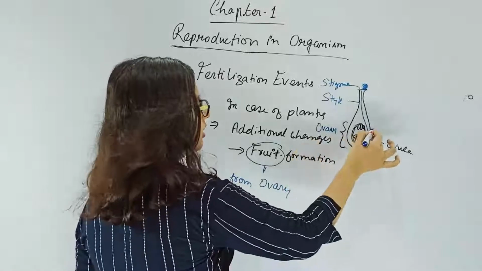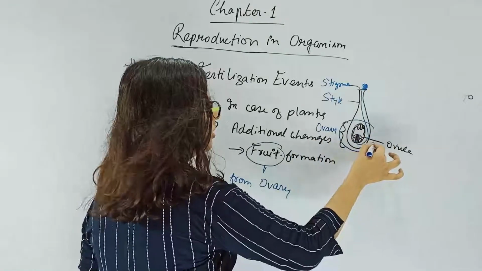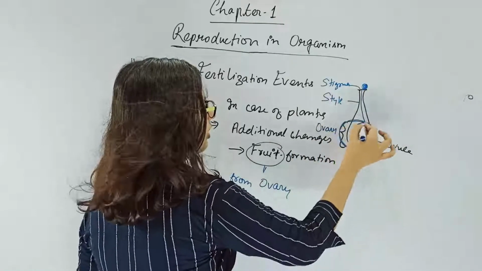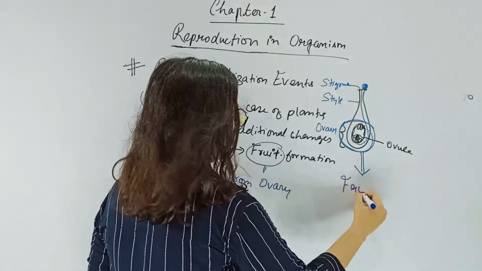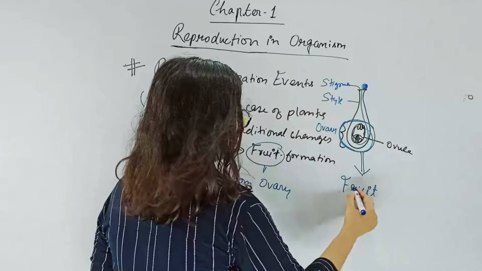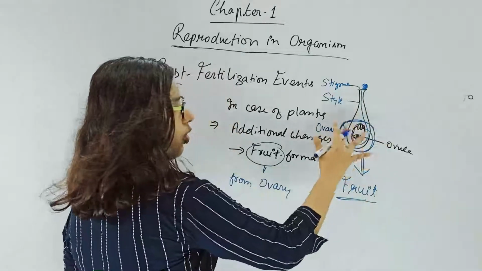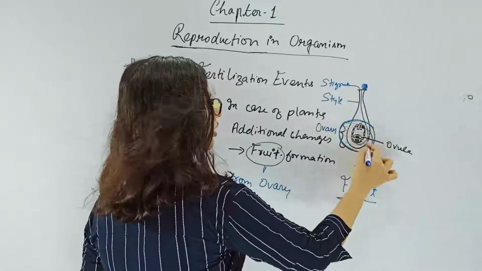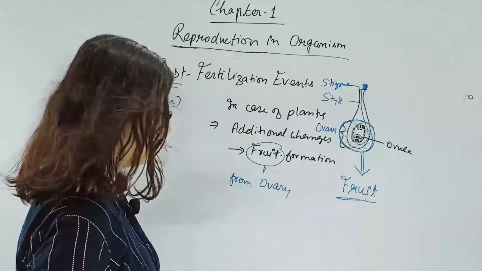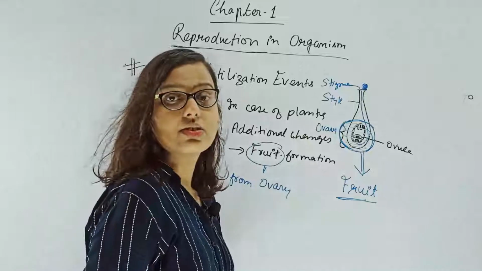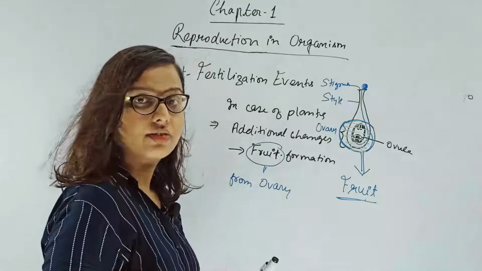After fertilization, this complete ovary will turn into fruit, will form the fruit. And the fruit is a mechanism to protect the seeds.